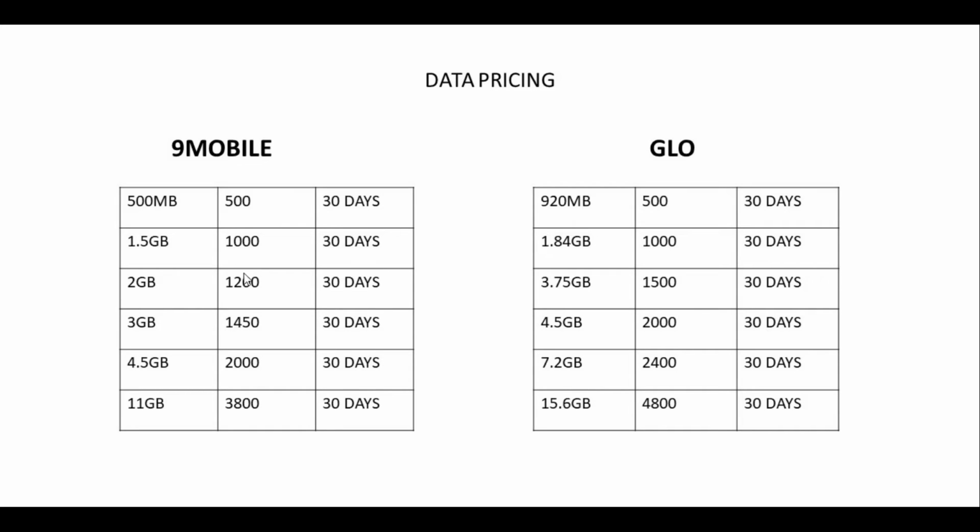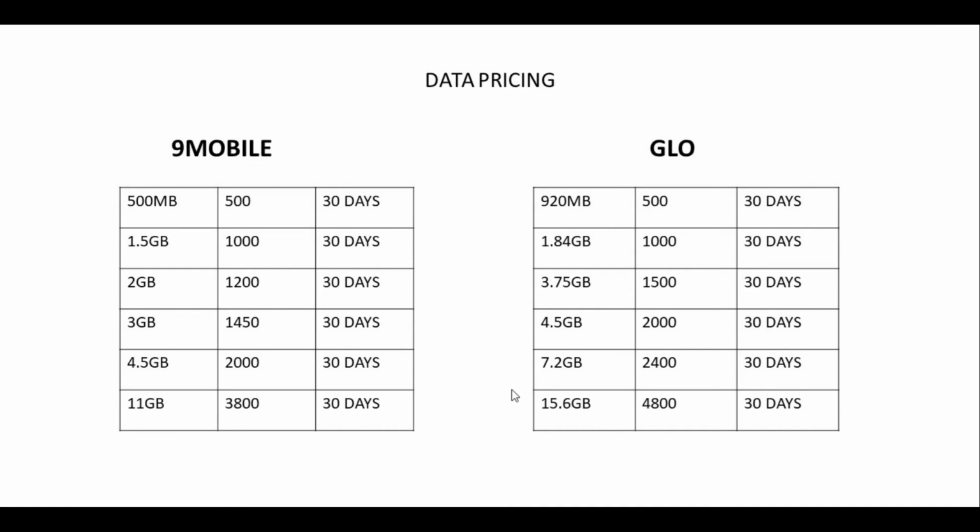But they're almost the same price as what one can get by just sitting at home, dialing the code and buying it. You'll get it at the same price. So you just make maybe 15 or 20 naira. But with these two, you're guaranteed a profit of 200, if I'm not mistaken.